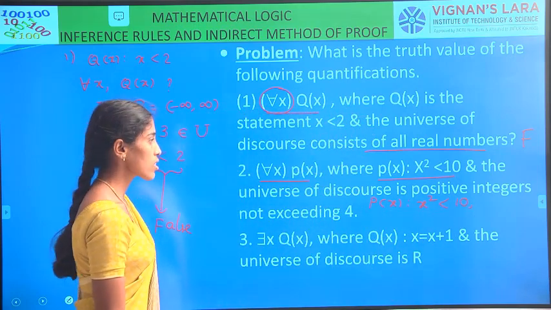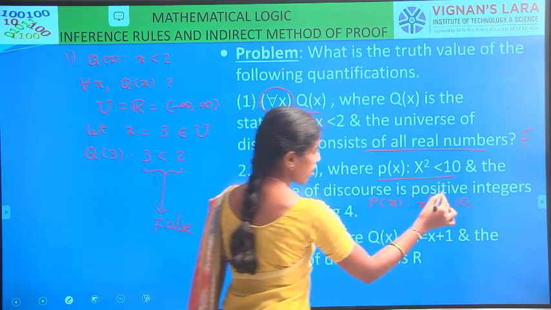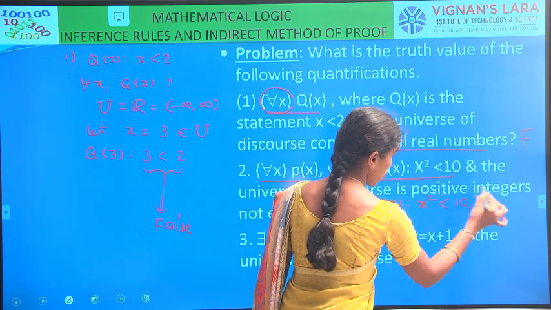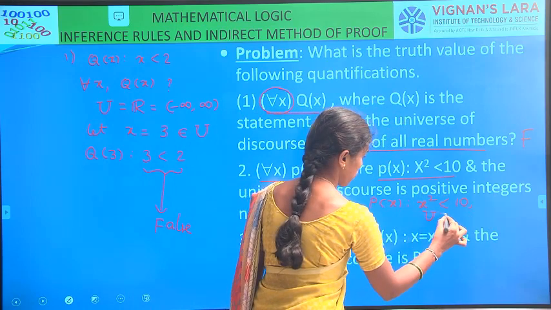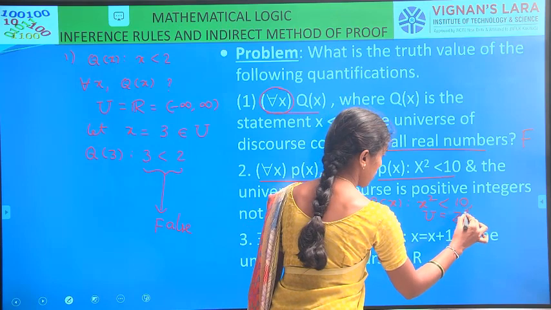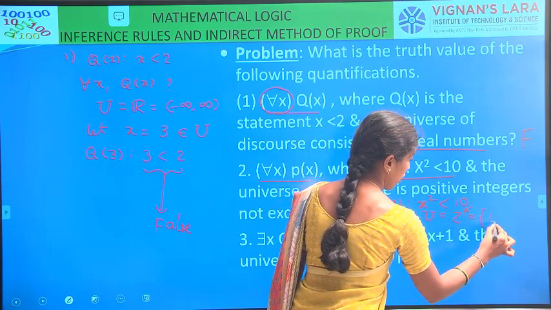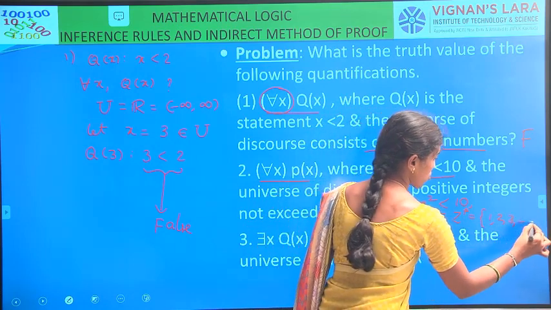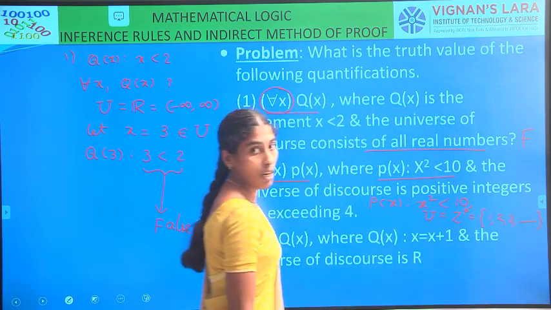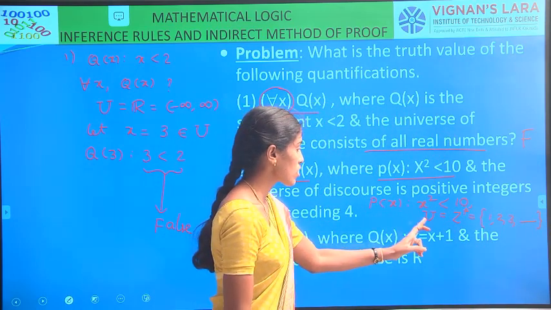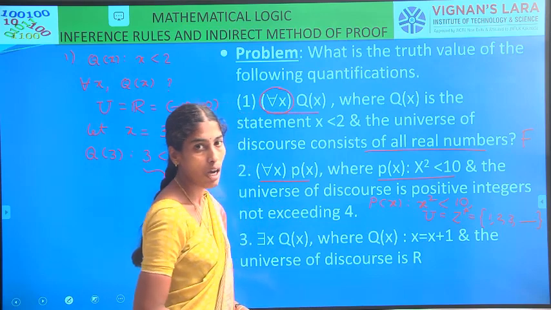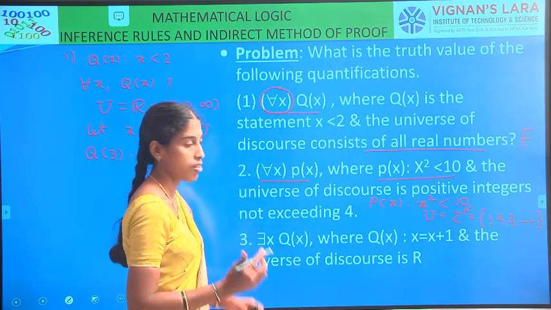What is the universal set here? The universe of discourse is the set of positive integers, Z plus, starting from 1, 2, 3 and so on. Whether for each value in the universal set it is true, or for any number it is false.